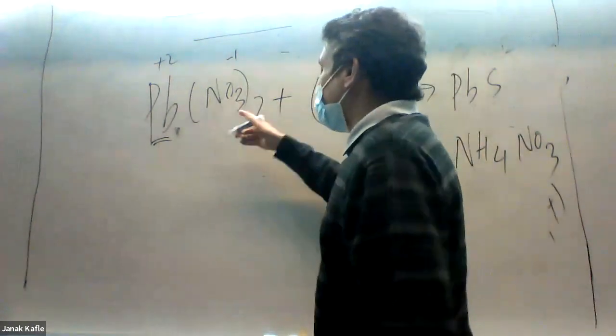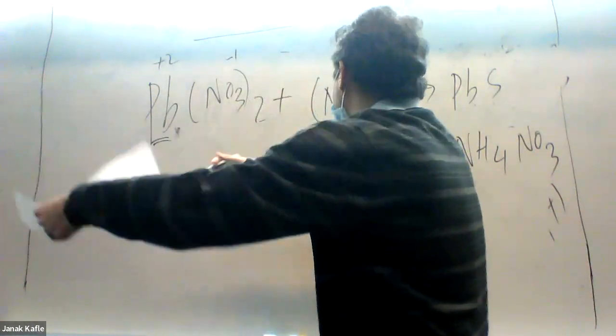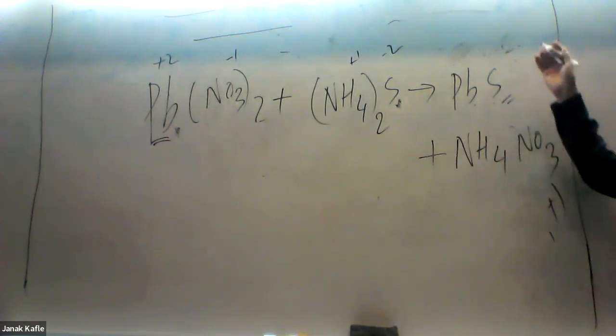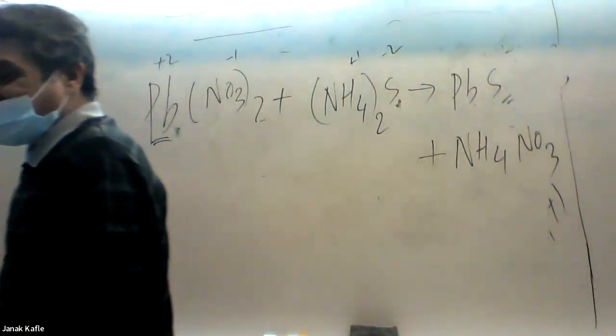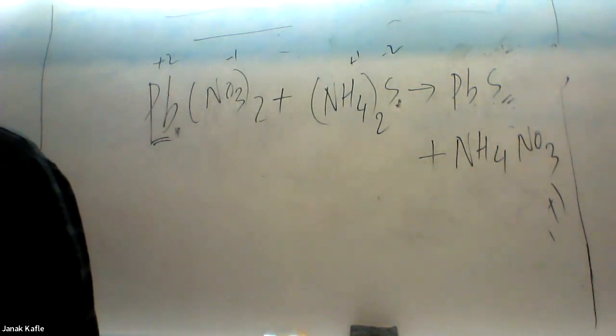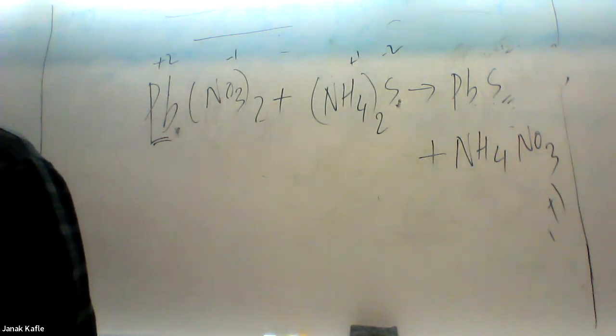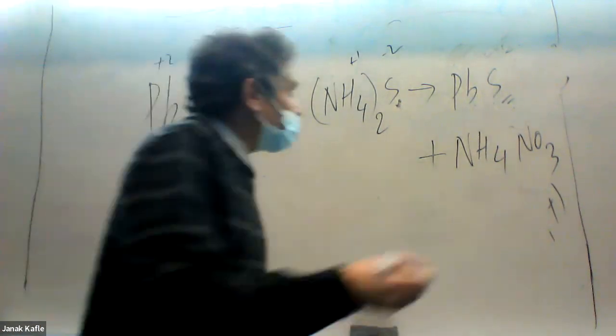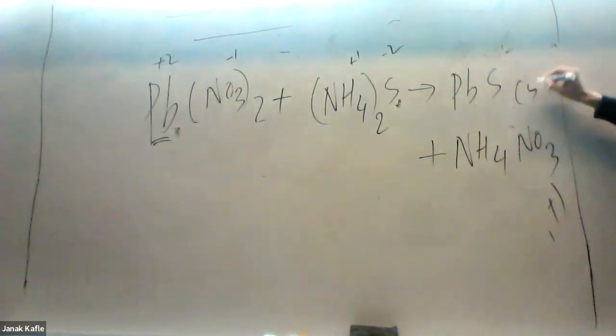So now let's look here. I'm just throwing these two compounds in water, and these compounds are formed. Is it soluble or not soluble? Let's look at PbS. This is Pb here, this is S here. Let's find that PbS in this box. That's an insoluble compound, so this is a precipitate. You can write solid or precipitate.